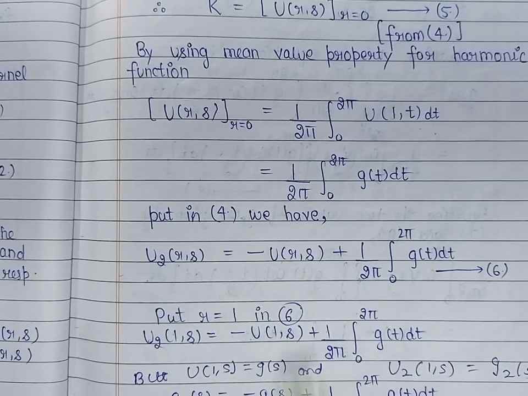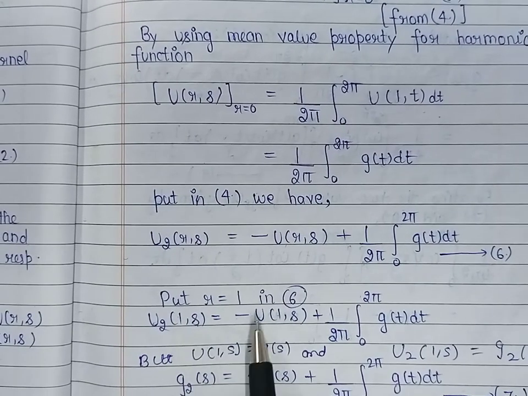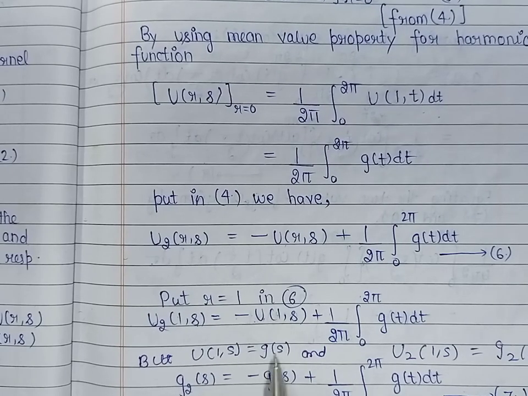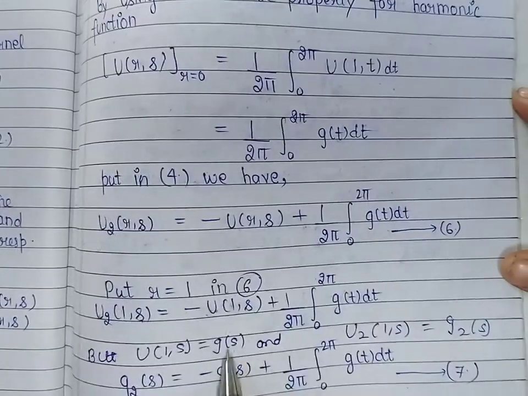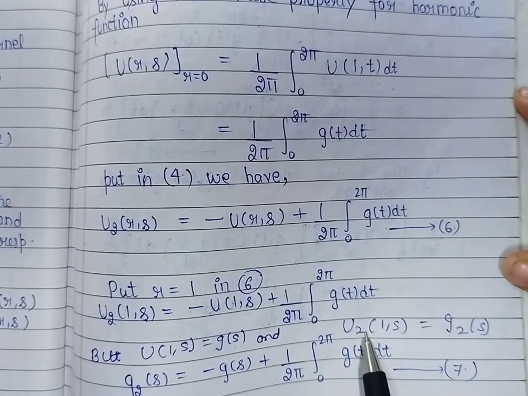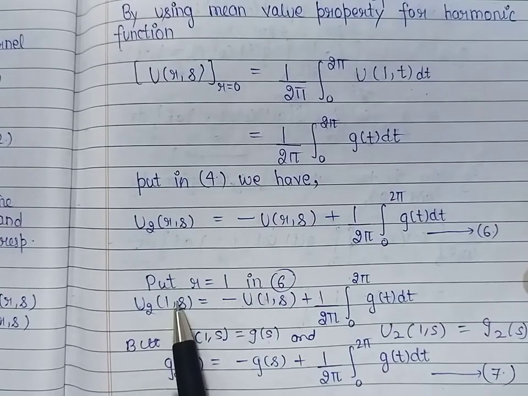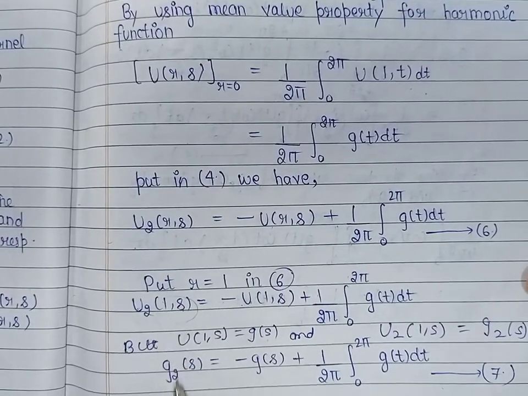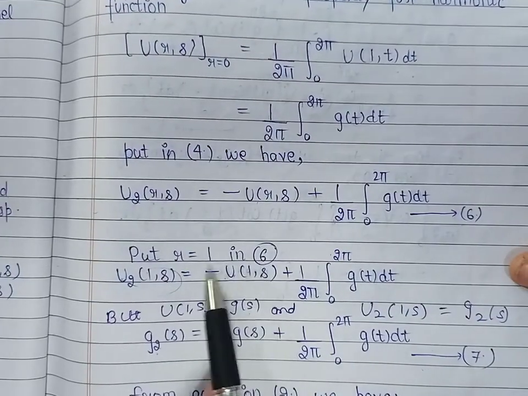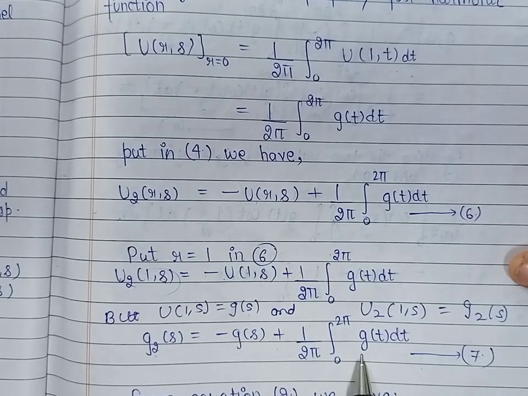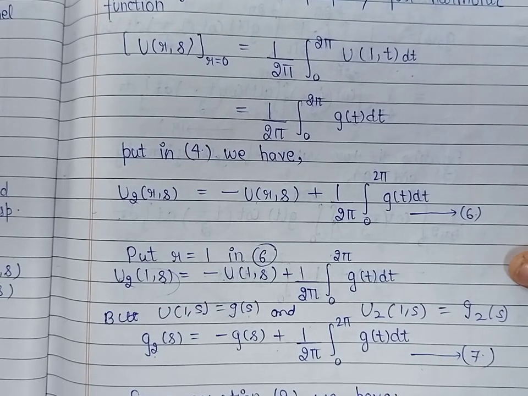As we have already taken the value of function u on the circumference r equal to 1 as g(s), and the value of u2 on the circumference as g2(s), substituting the values, this is g2(s) equal to minus g(s) plus 1 upon 2 pi integral 0 to 2 pi g(t) dt.